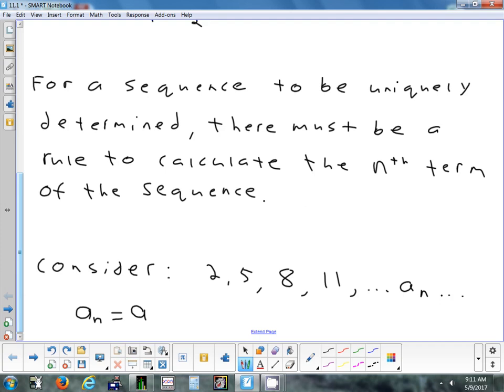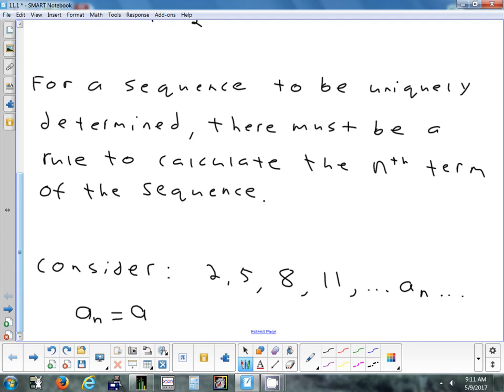How about, can you word it in words? And then we'll worry about how we write it in symbols. The next integer in line is 3 plus the current integer. All right, so to get the next one, you take the previous one and add 3. That's the pattern.